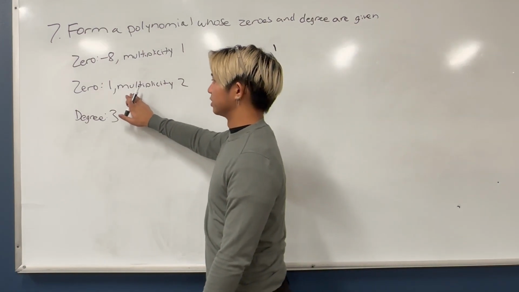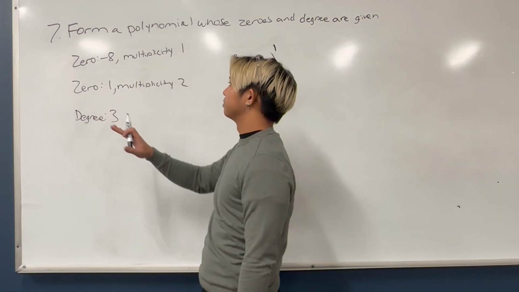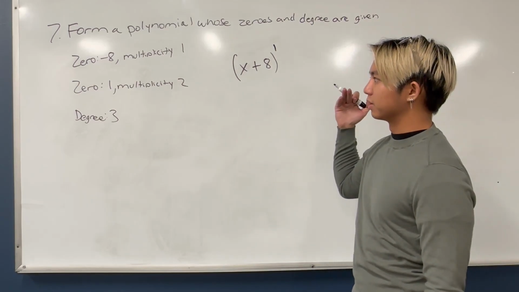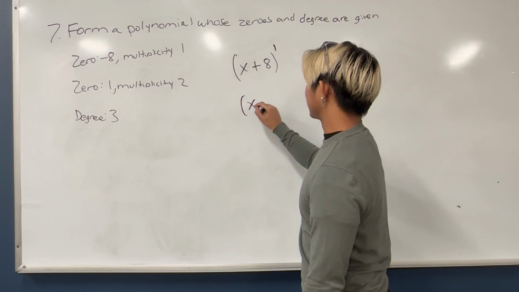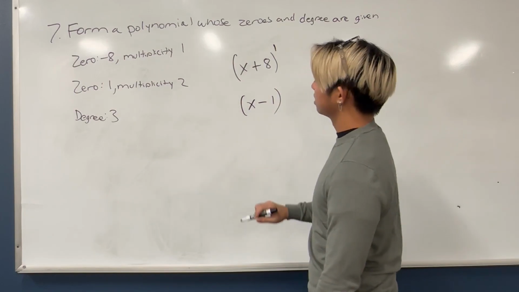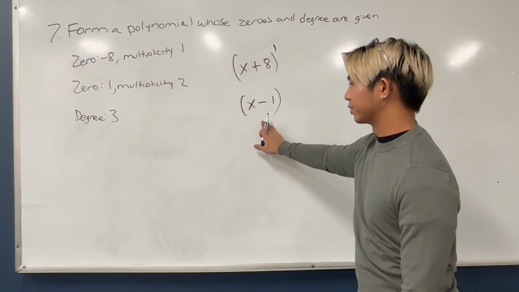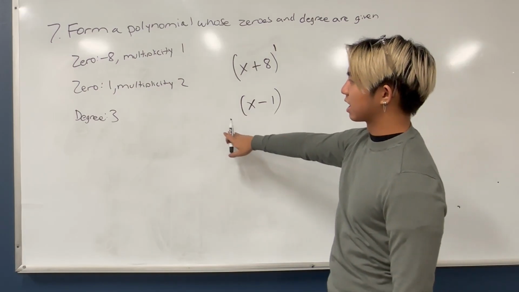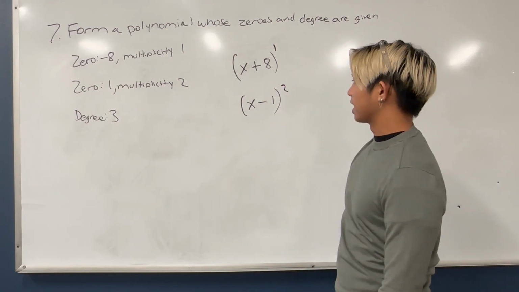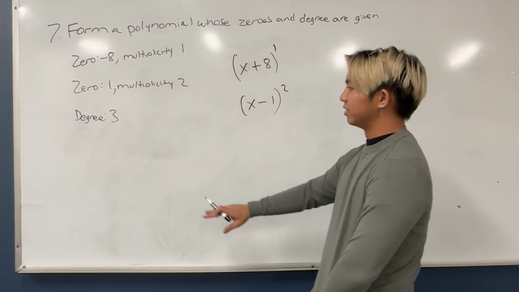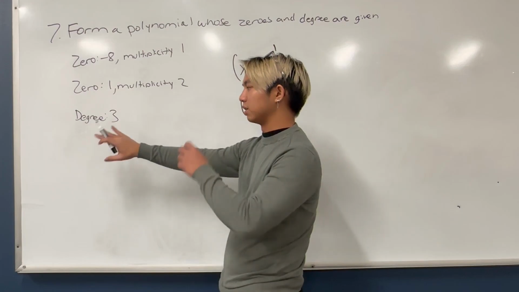And our second zero is 1. So what function would I plug 1 into that gives me a 0? Pretty much just x minus 1, right? When I plug in 1 here, I'll get 0. But here they give us a multiplicity of 2. And then we're given degree of 3. This is the last thing we want to do here.